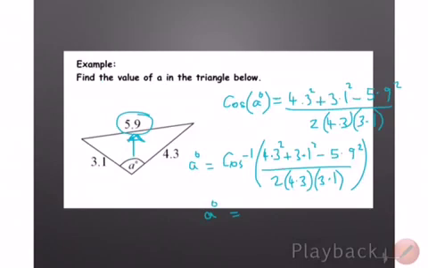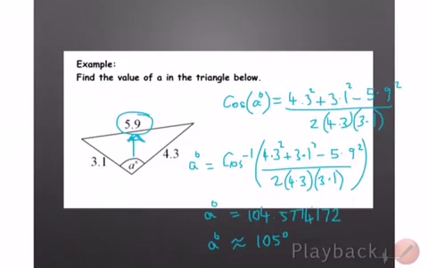When you put that in your calculator, you get 0.4172, so a degrees would be equal to 105 degrees rounded to the nearest degree. And that's pretty much it.